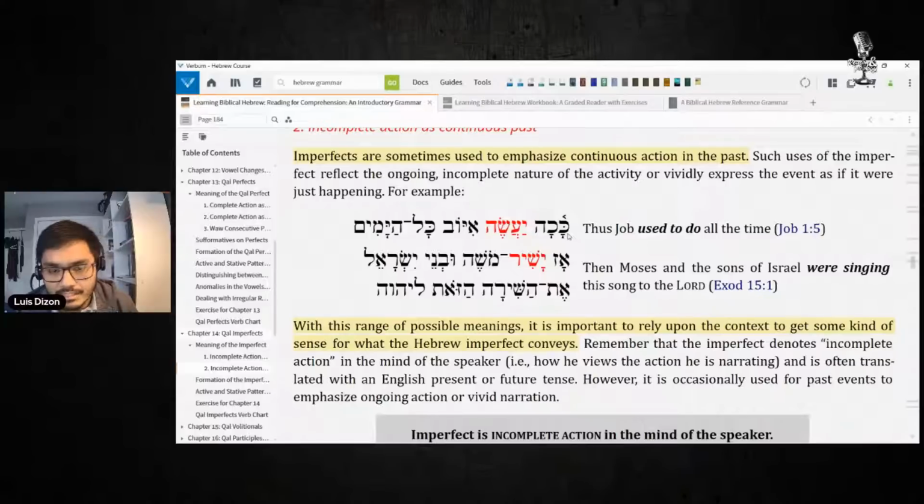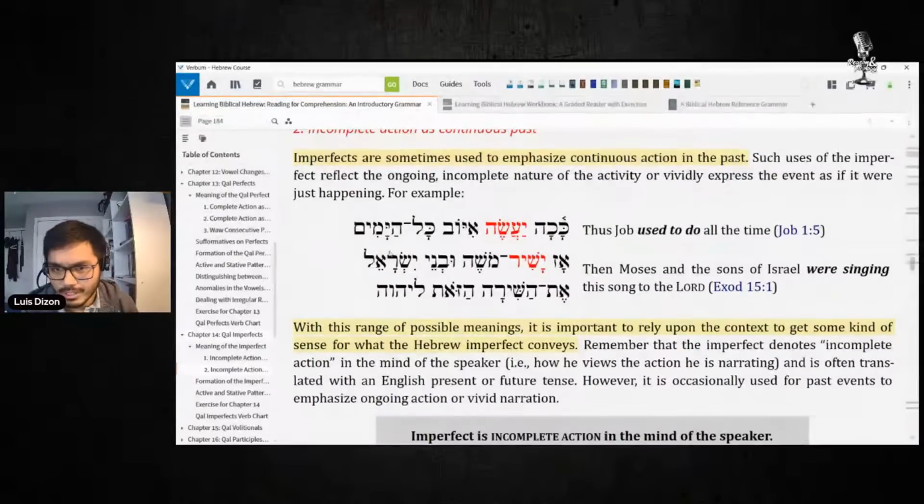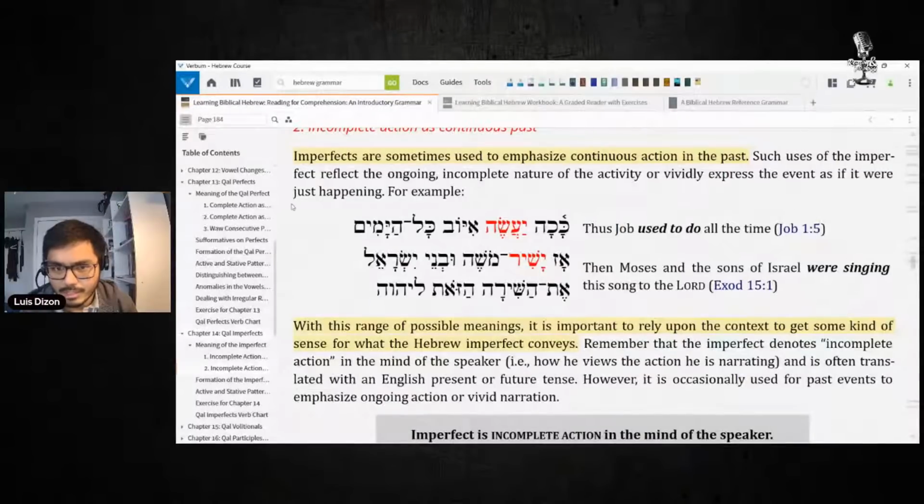If you didn't know the context, you might be tempted to translate this as Job is doing every day, or Job will be doing every day. But you know from the context, because this is a narrative of something in the past, that it is past action. In this case, it's a past continuous action.